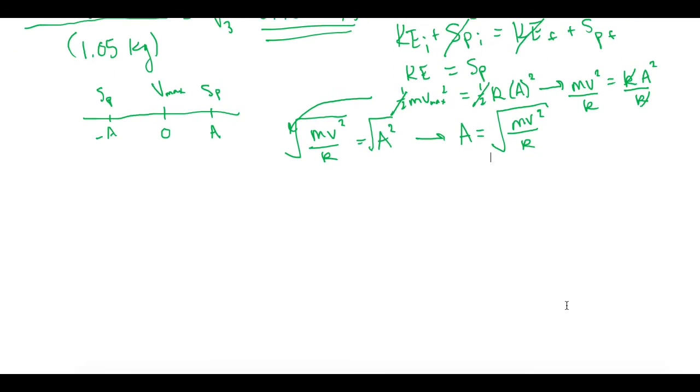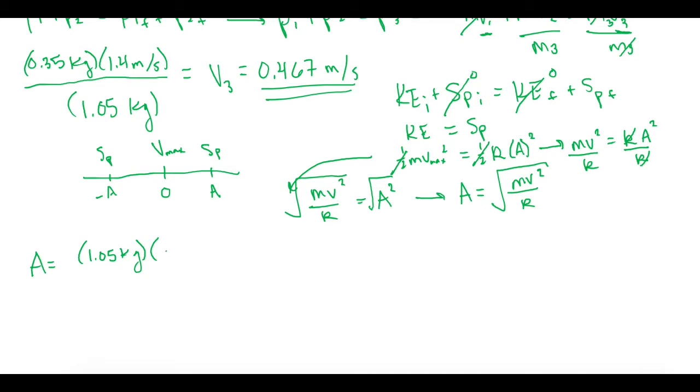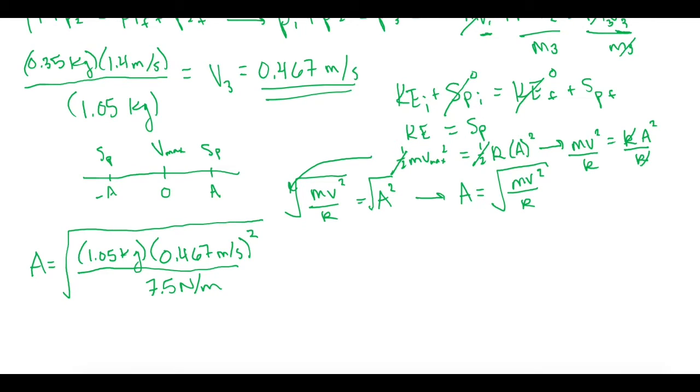Let's scroll up and plug in our values. So A is equal to the mass of both of them, 1.05 kilograms, times the velocity squared, which we figured out was 0.467 meters per second, squared, then over the k value, 7.5 newtons per meter, and then we want all that square rooted.